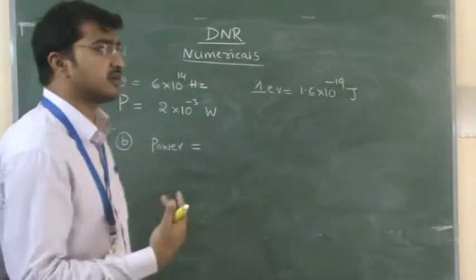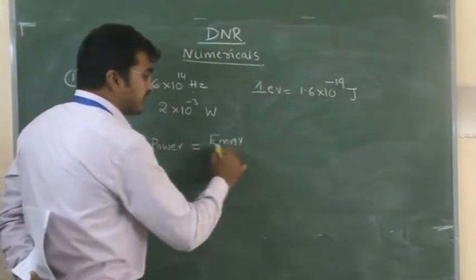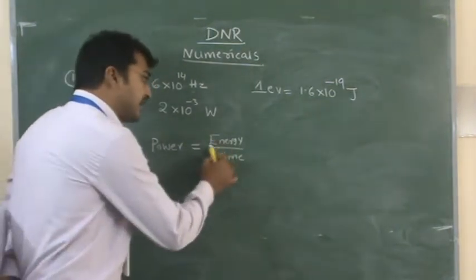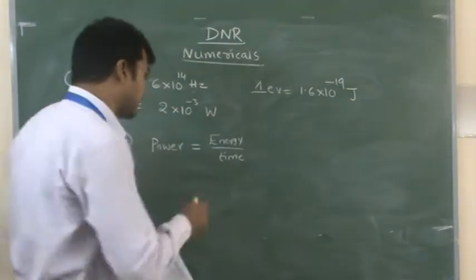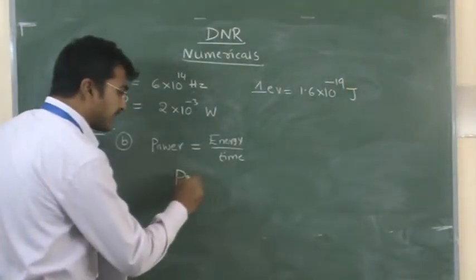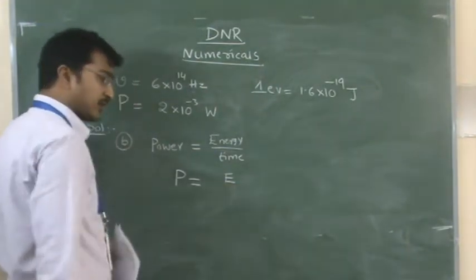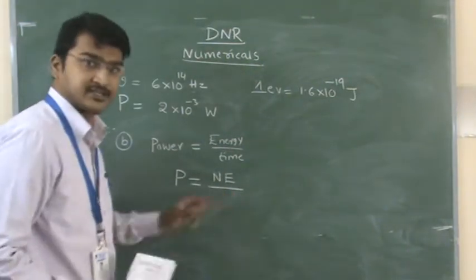Here, instead of work I am writing energy divided by time, or rate of energy. And here energy is linked with all the photons, not a single photon. So the power formula I am taking is power equals energy of each photon into the total number of photons. This is the total energy of light.